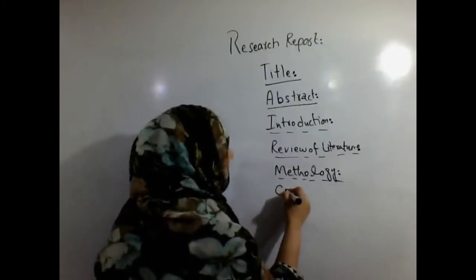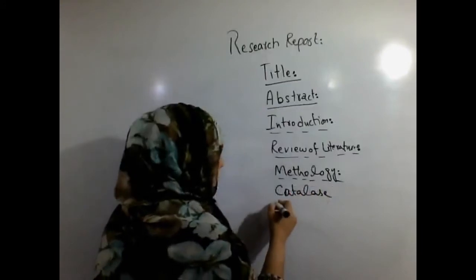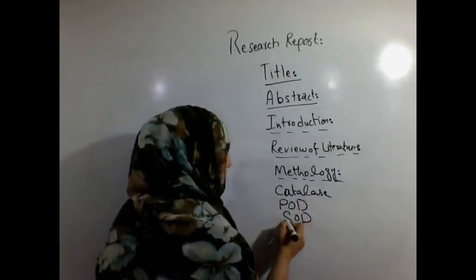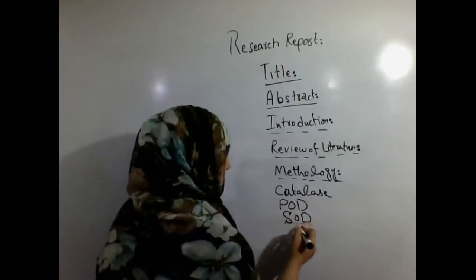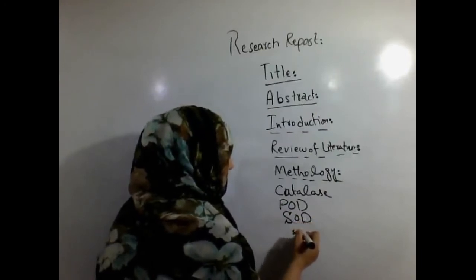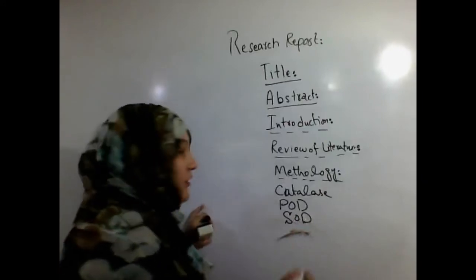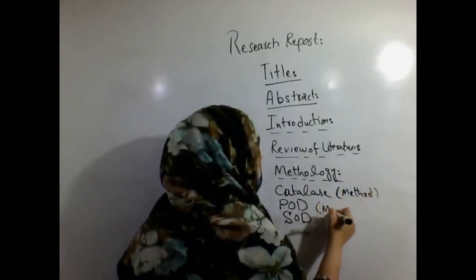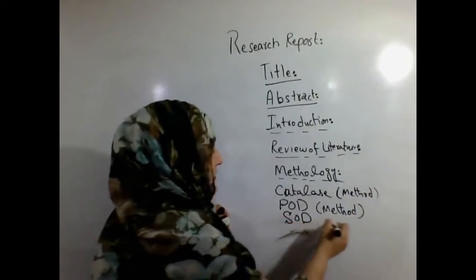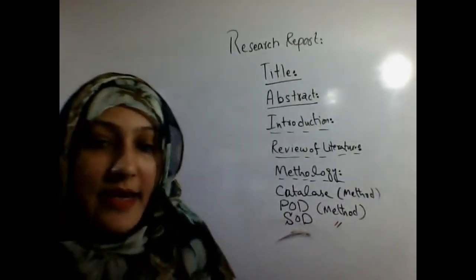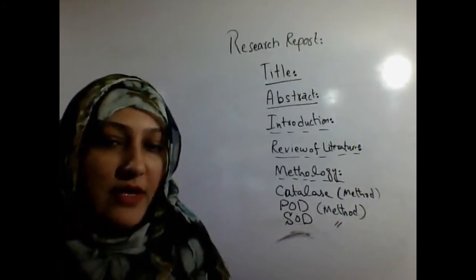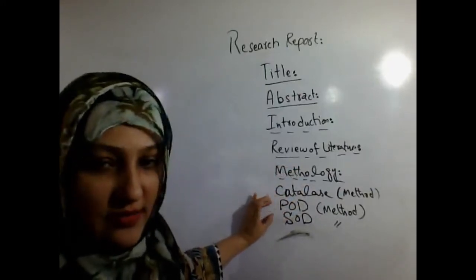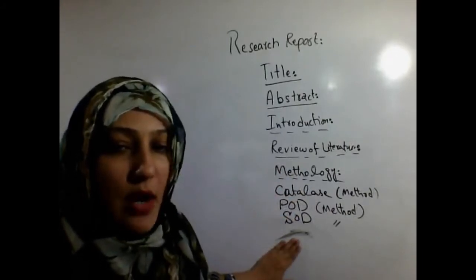If you have studied the catalase enzyme, POD enzyme, SOD enzyme, and so on, you have to give the method of each one in detailed form and give the citation of which method you have used for the measurement of the catalase amount in your sample, peroxidase amount, and superoxide dismutase amount, or so on.